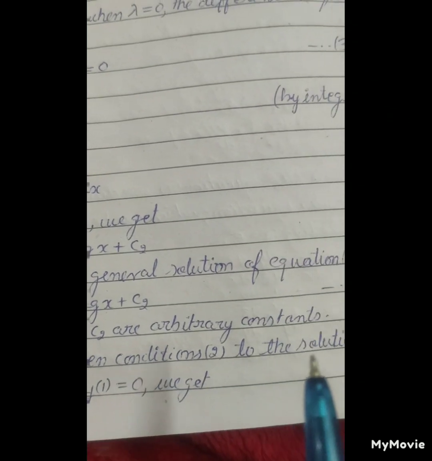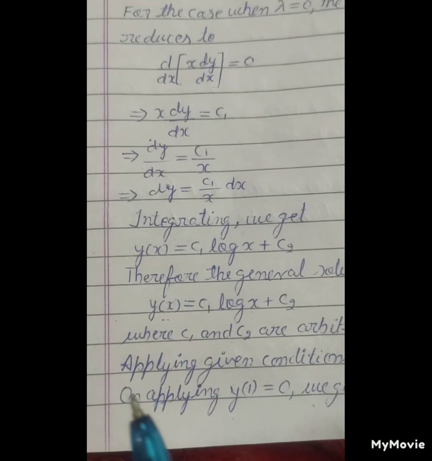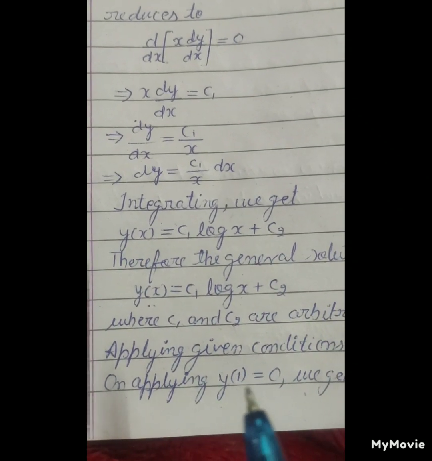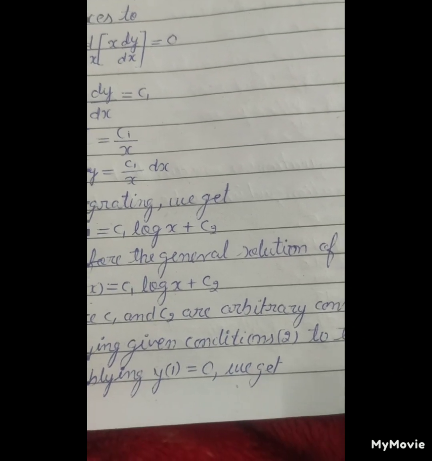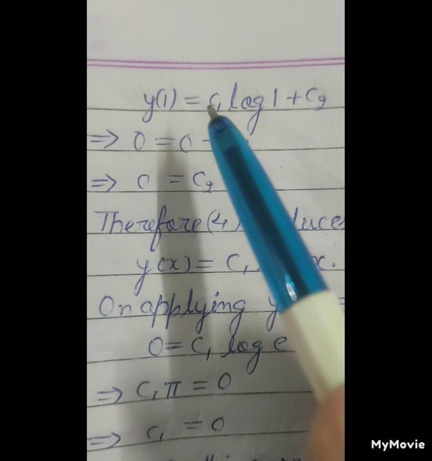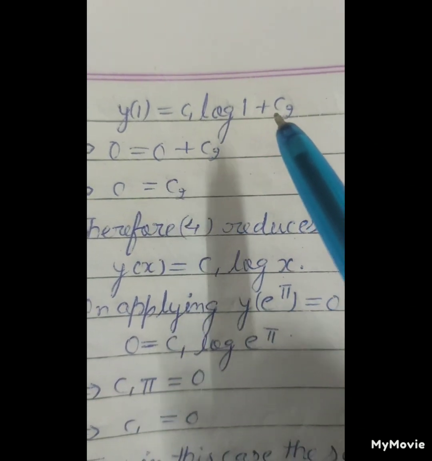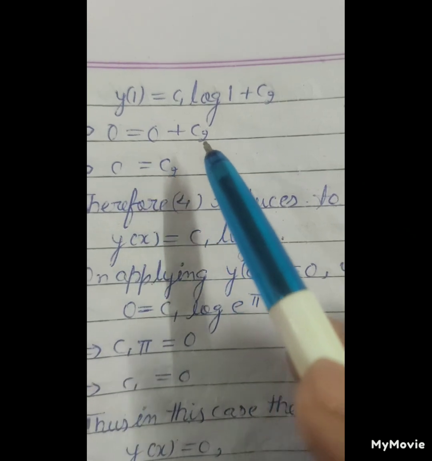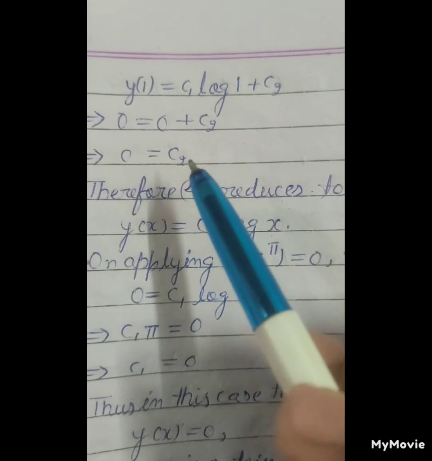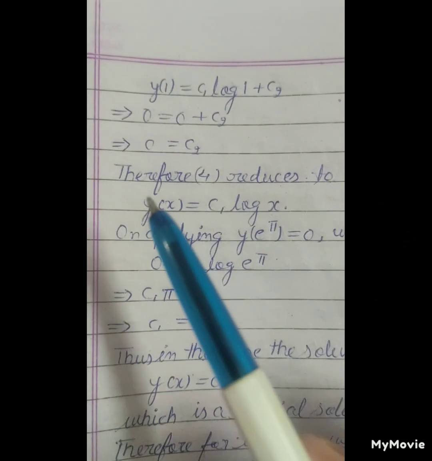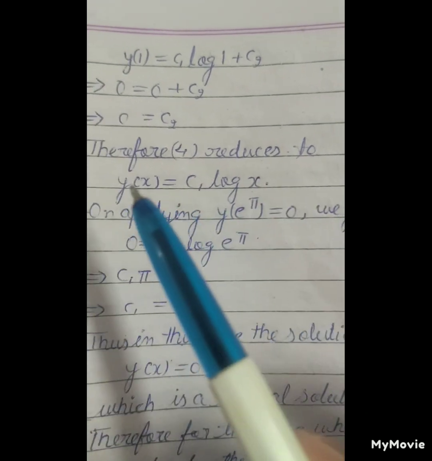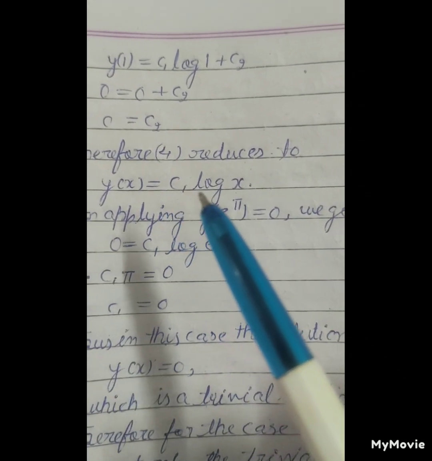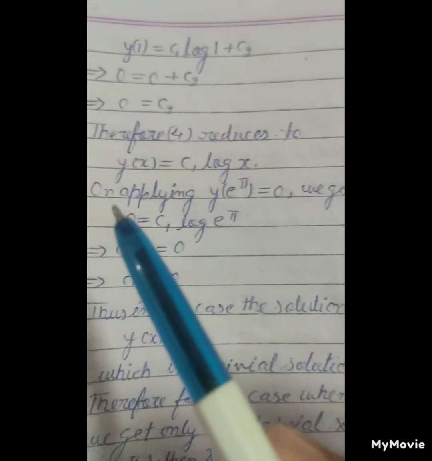Applying the given condition to the solution of 4, on applying y(1) = 0, we get y(1) = c1 log 1 + c2, which implies 0 = 0 + c2, which implies c2 = 0. Therefore 4 reduces to y(x) = c1 log x.